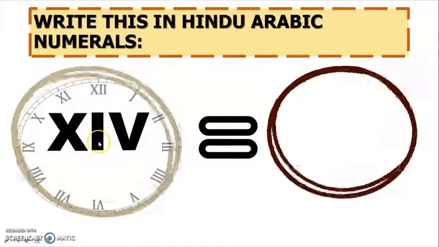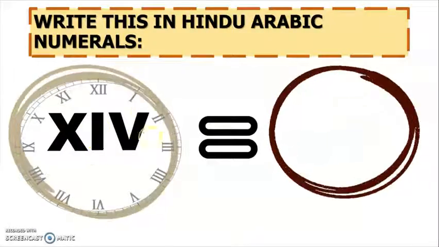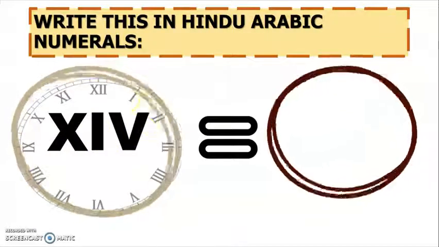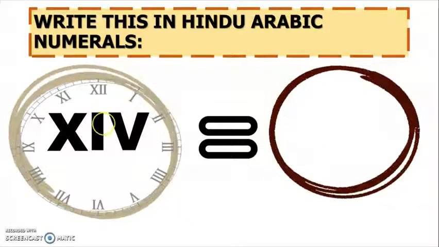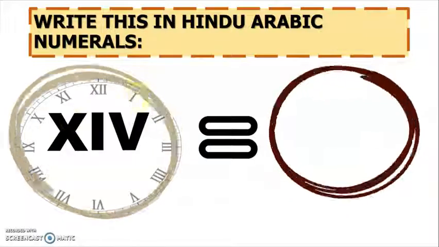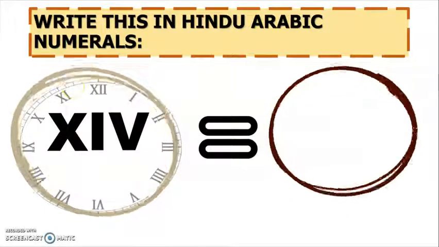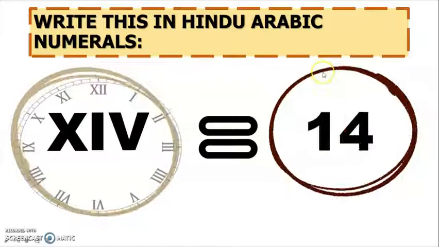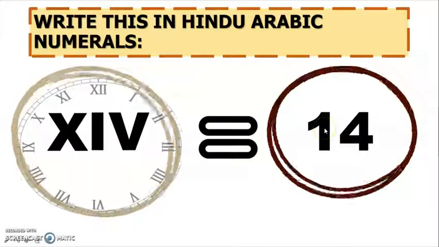You cannot add 1 plus 5 because 1 is written first, which is smaller than the larger value V. You have to simply subtract first. 5 minus 1 equals 4, plus the higher value X, which is 10. Therefore, the result is 14.